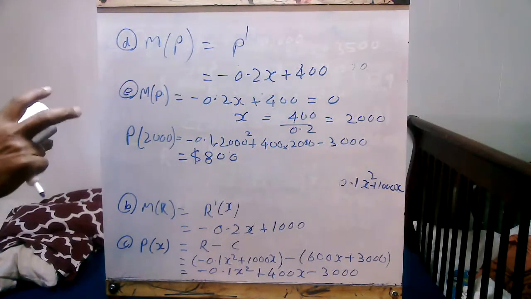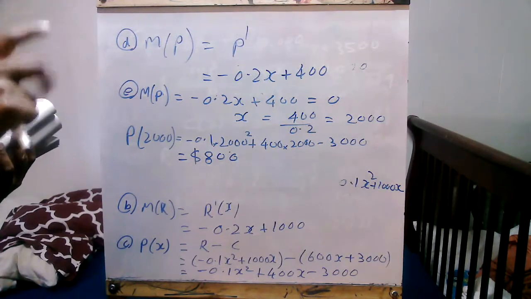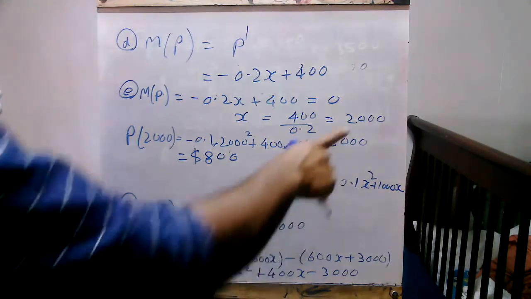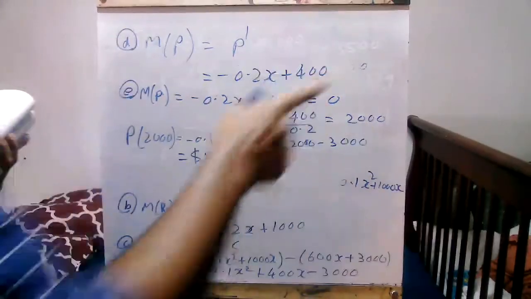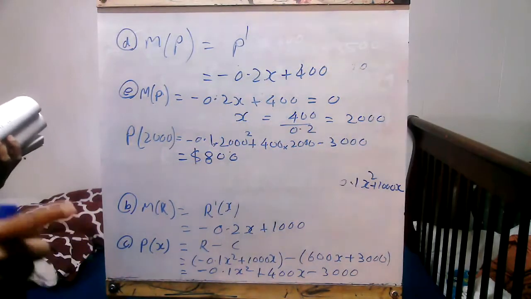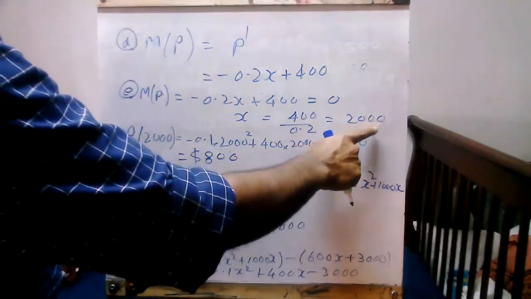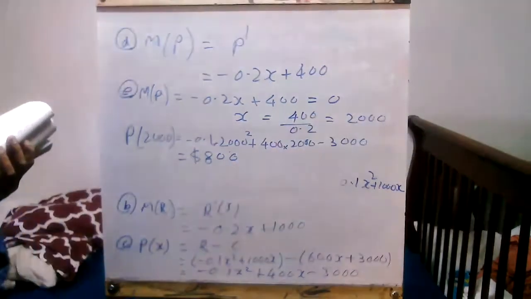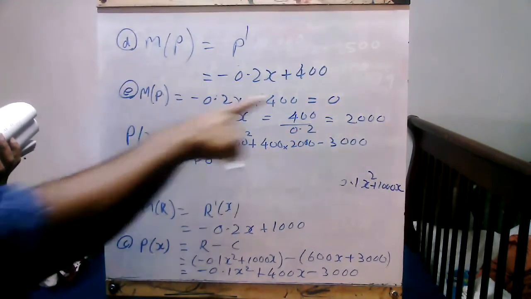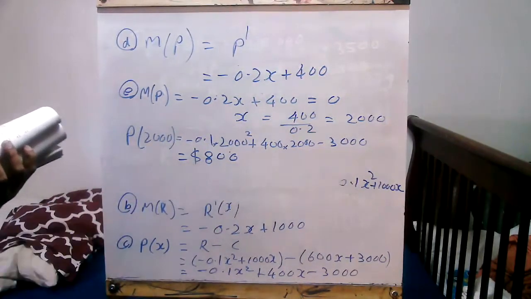Here we found when producing 2000 televisions, marginal profit is 0. That does not mean 2000 sets cost nothing. When we are making 2000 sets, the total profit we make is $800.